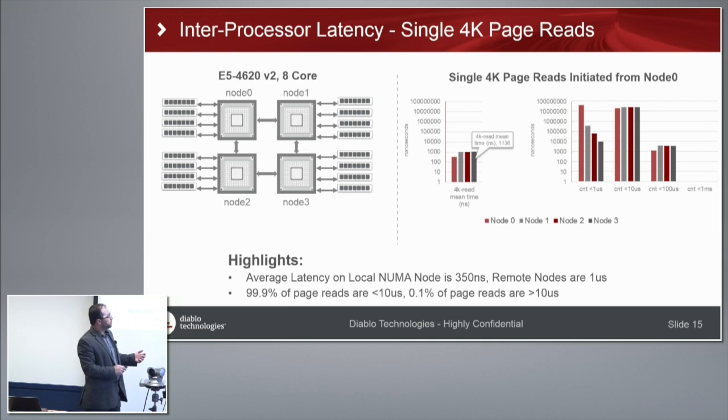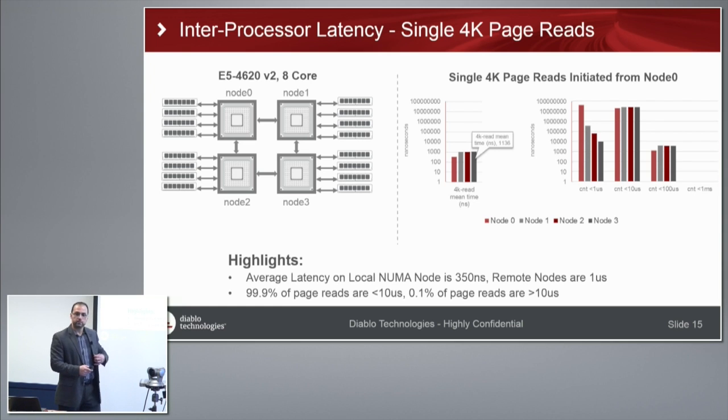Not only that, but we also found that there's a decent amount of transactions, about 0.1%, that take more than 10 microseconds. And this is a quiet system, doing nothing, yet the memory transaction took greater than 10 microseconds once it went outside the NUMA node.